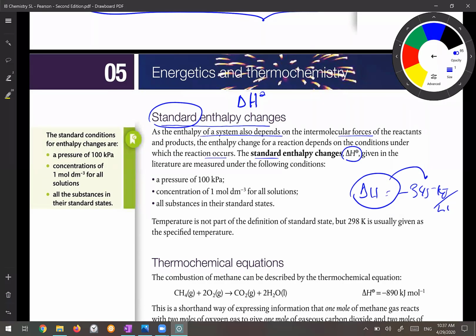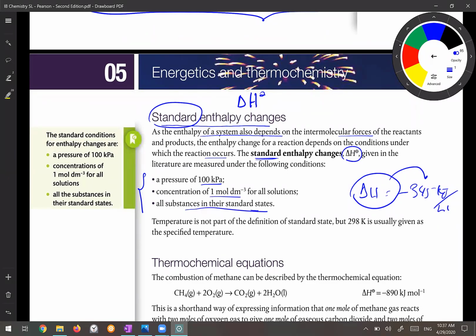So most of the time, we have standard conditions and we report the enthalpy change for any given reaction at the standard conditions. What are standard conditions? It's written here. A pressure of 100 kilopascal, and if you have a solution, the concentration of all the solutions must be 1 mole per decimeter cubed, and all substances are in their standard state.